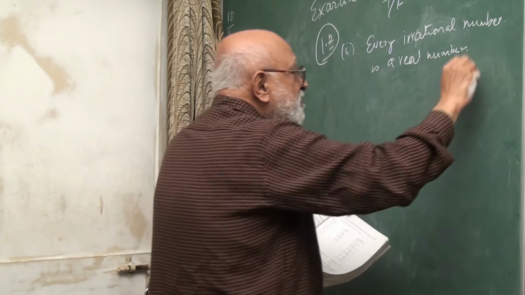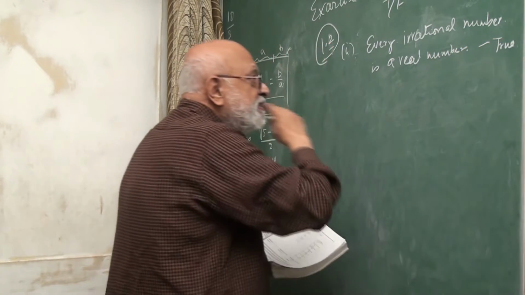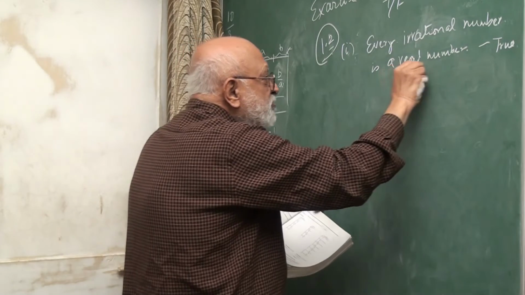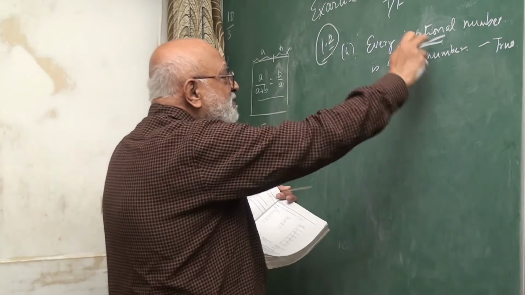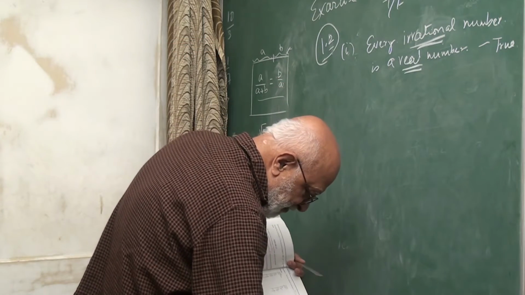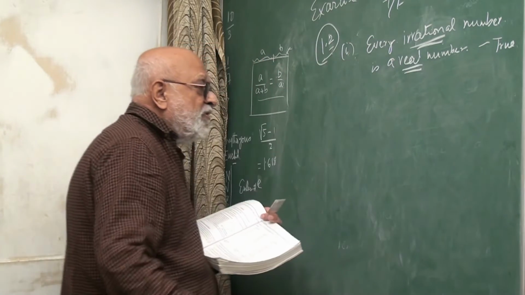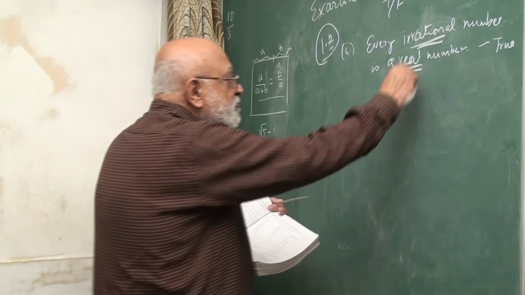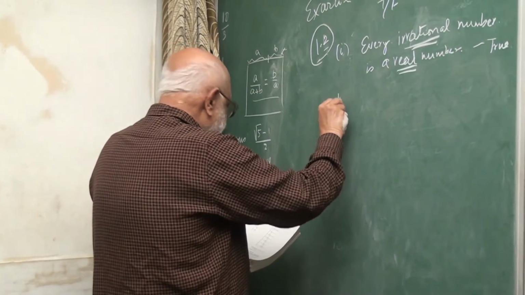So it is true, because real numbers also contain irrational numbers. So every irrational number will be a part of the real numbers, because you remember we stopped at real numbers. We said this whole gamut belongs to real numbers.